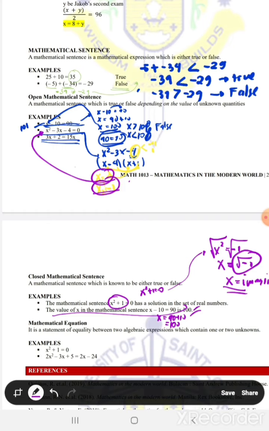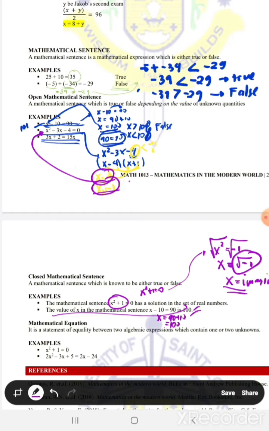The difference is that the equation is already in its simple form.